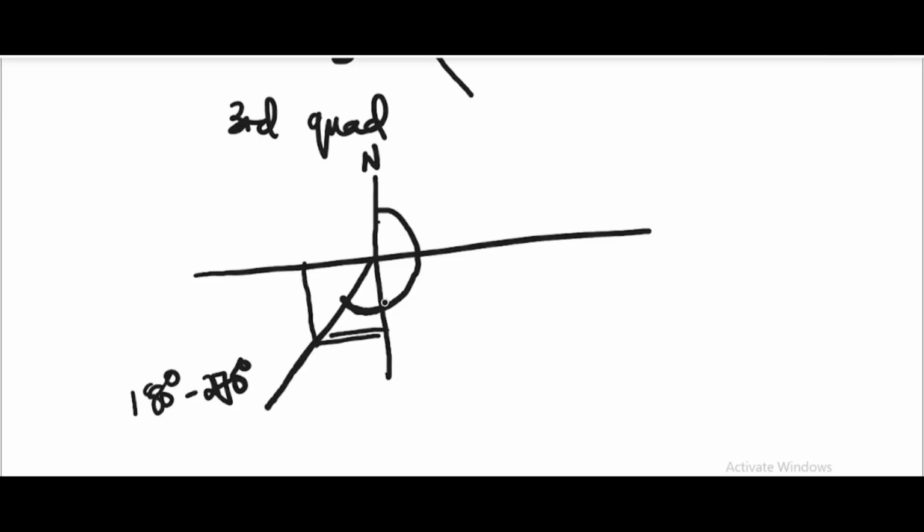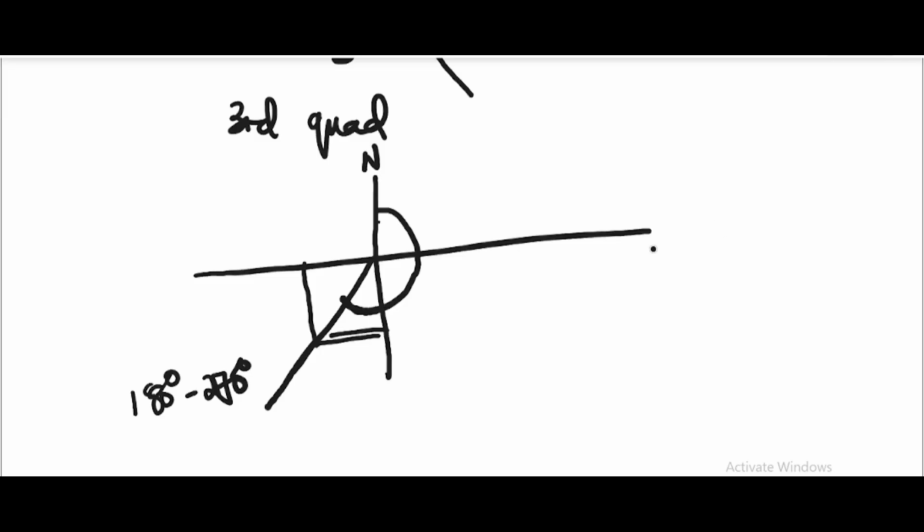Now, you will see that the 270 is touching the horizontal, and we do not measure bearing on the horizontal pole. That is the simple reason why we do not use 270 when your position is in the third quadrant.